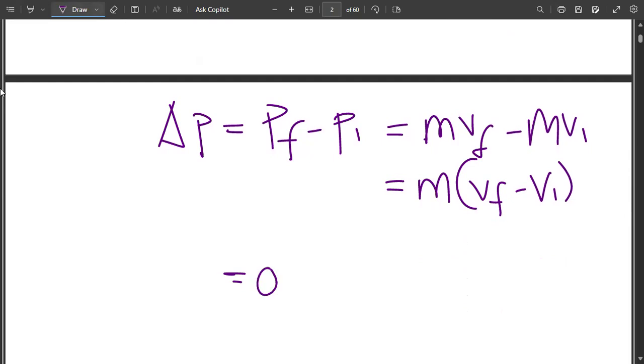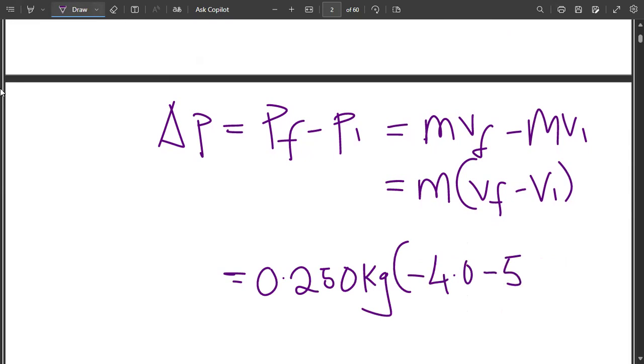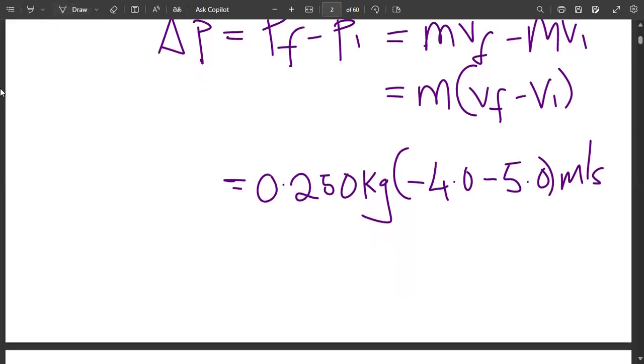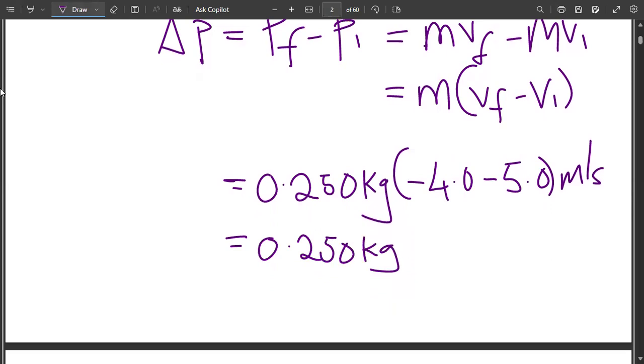So we know mass is 0.250 kilograms. Then in the brackets, what do we have? We have final velocity, which in this case is negative 4.0, minus the initial velocity, which is 5.0, in meters per second. I'll just put the meters per second outside there. So I'm going to remain with 0.25 kilograms.